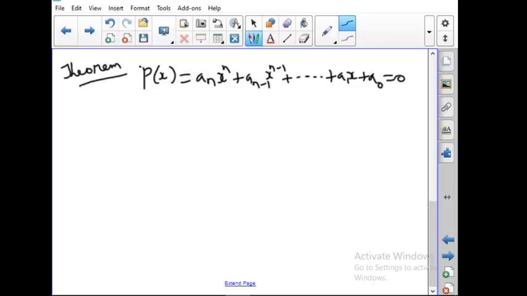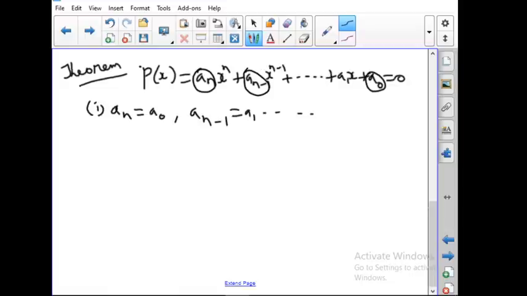if and only if, first, an is equal to a naught, an minus 1 is equal to a1, and so on. That is, the coefficient of the first term will be equal to the last one, and the coefficient of the second term will be equal to a1.